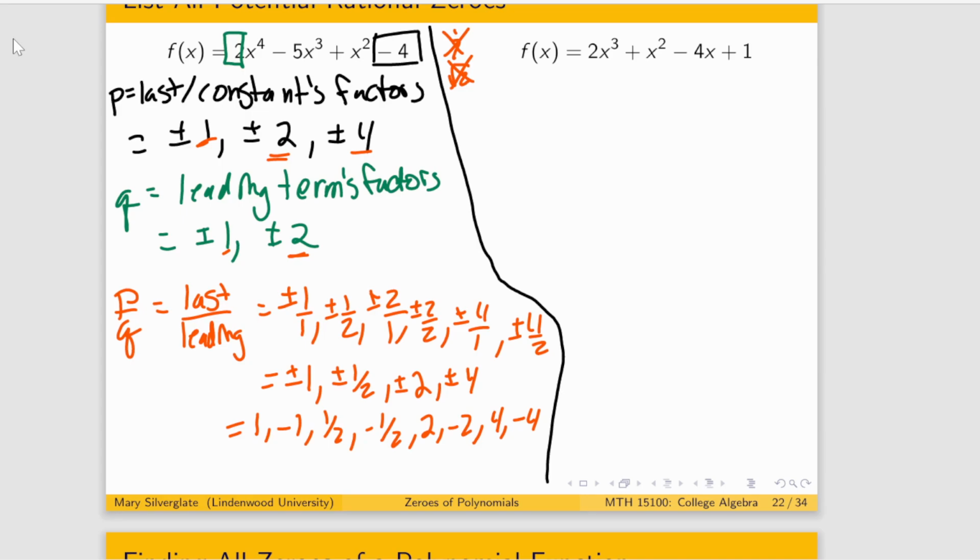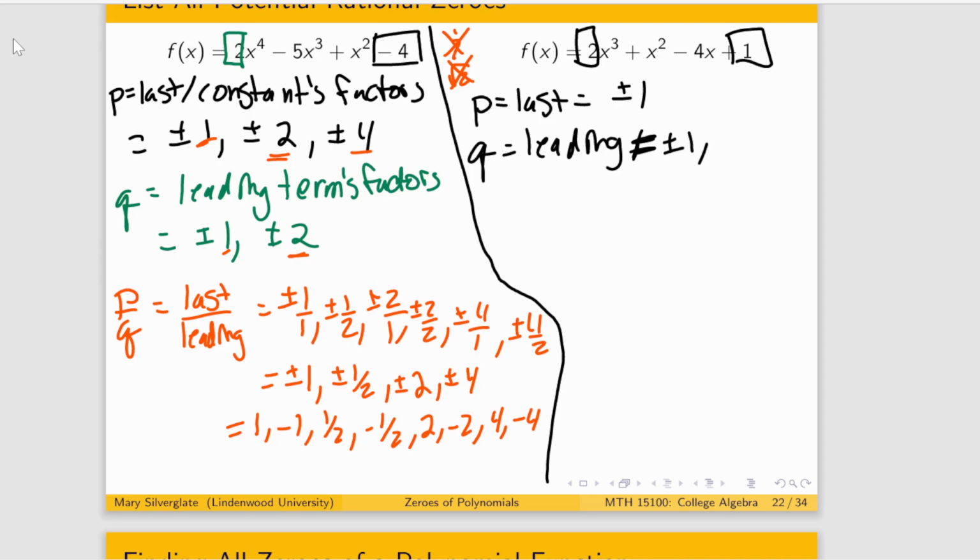Go ahead and list all the possible rational zeros for this next one, and then compare with what we get. So here, for that last term, that's just 1. And what are the only factors of 1? Plus or minus 1. For the leading term, in this case, that is 2 again. So what are his factors?